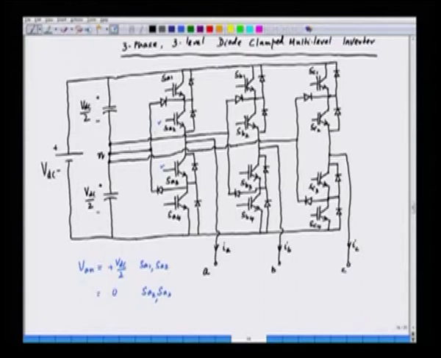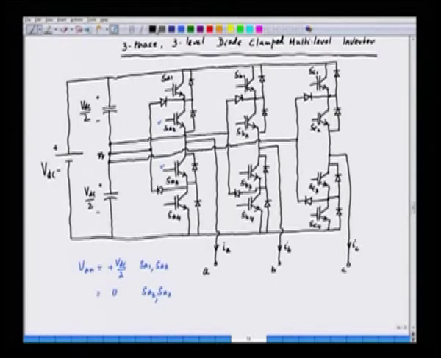So, this diode and this IGBT will be connecting A to the neutral point if the current is positive. If the current is negative, it means the current is going into this inverter. So, SA3 will be carrying this current, because SA3 has been applied a triggering pulse, and will conduct through this diode, connecting to the point N.